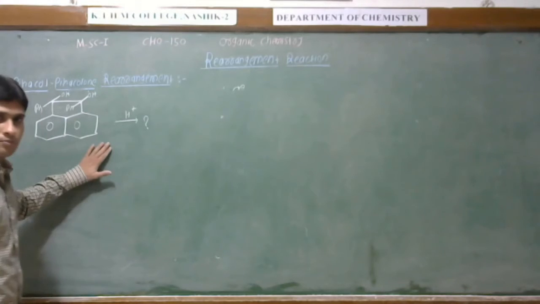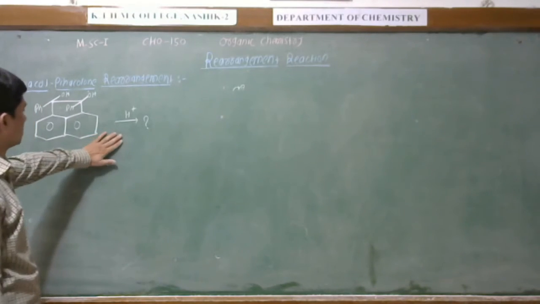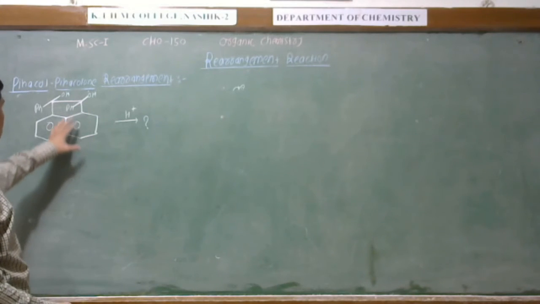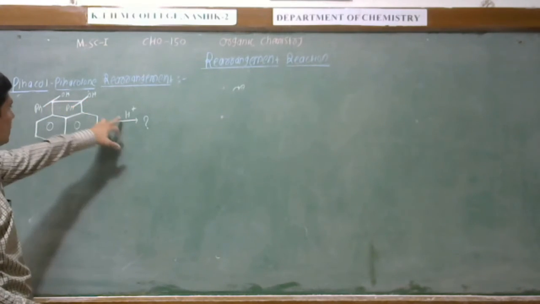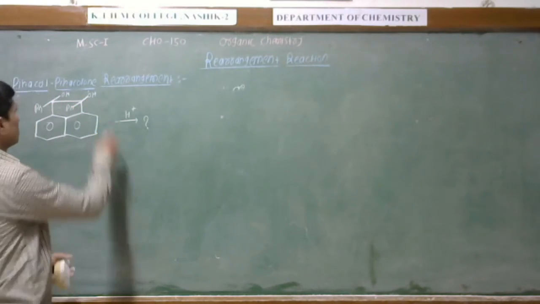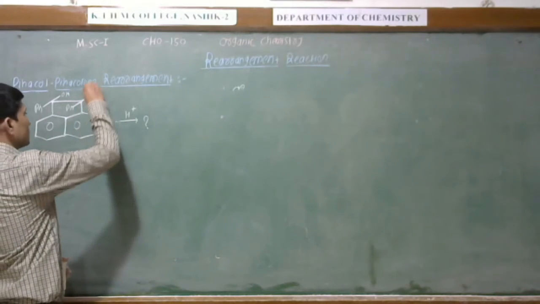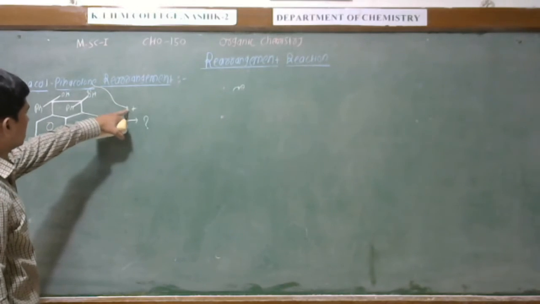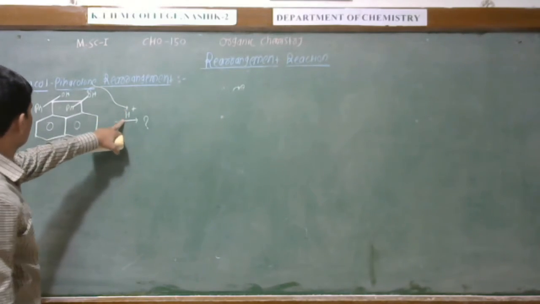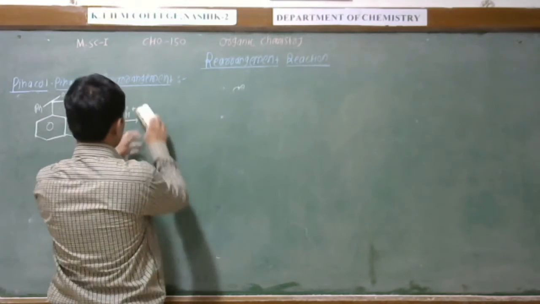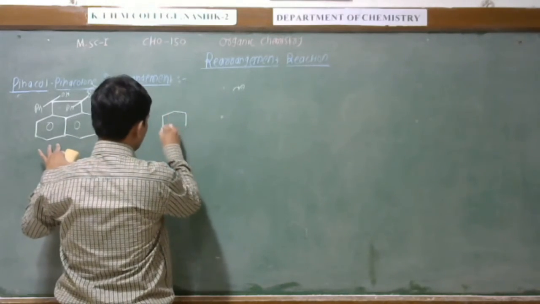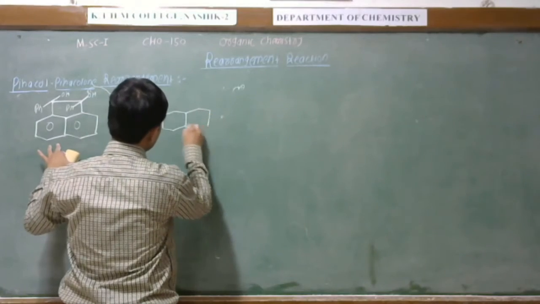See, this is one example, one example given in a previous examination question paper. See, this is the pinacol when reacted with the acid. So firstly, we can make this hydroxyl group into a good leaving group by taking this proton, by protonation. So here will be the formation of a new type of compound like this.